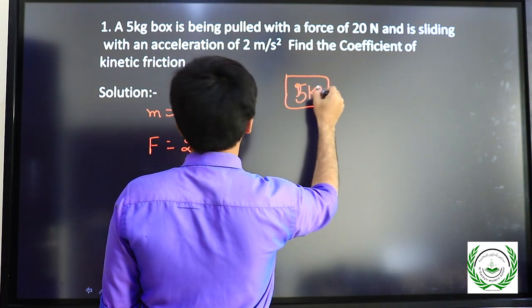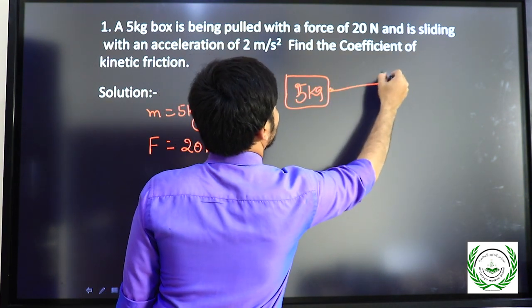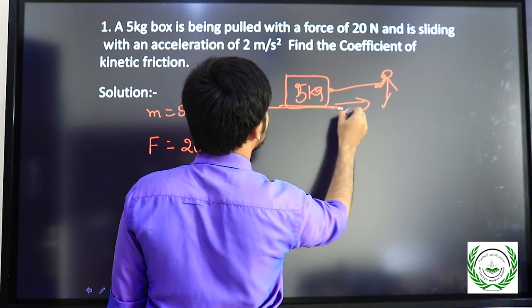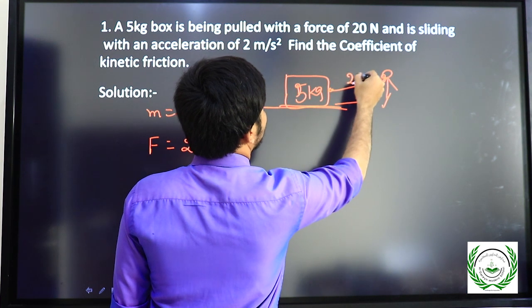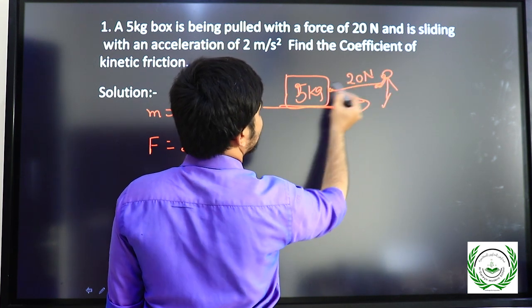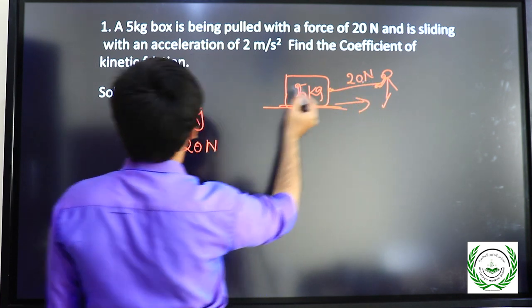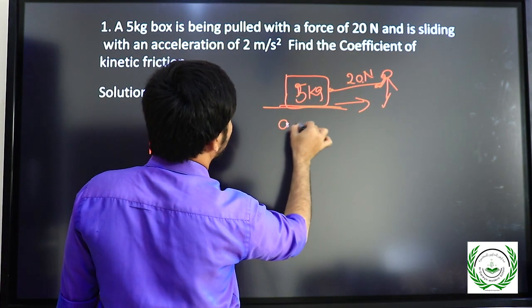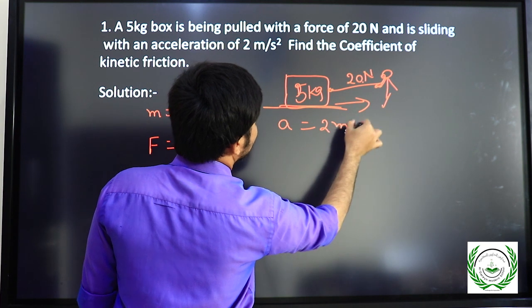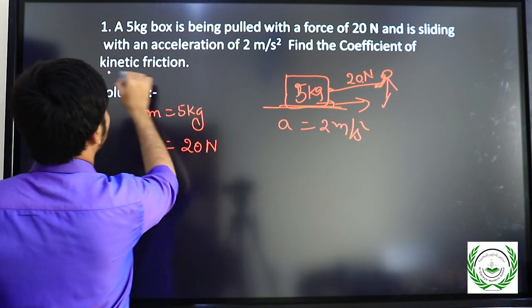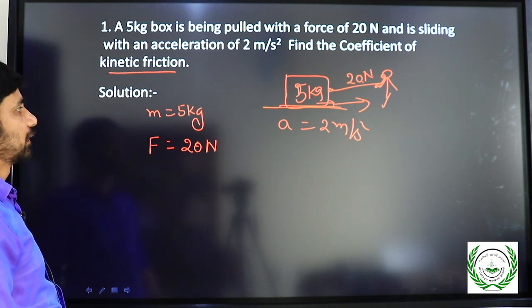A person is pulling the 5 kg box by applying a force of 20 newtons, and it is sliding with an acceleration of 2 meters per second squared. Find the coefficient of kinetic friction.